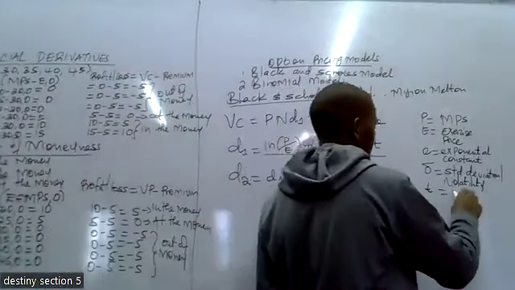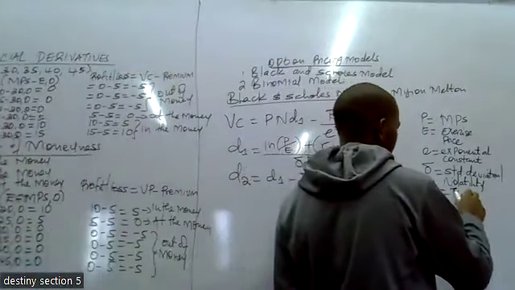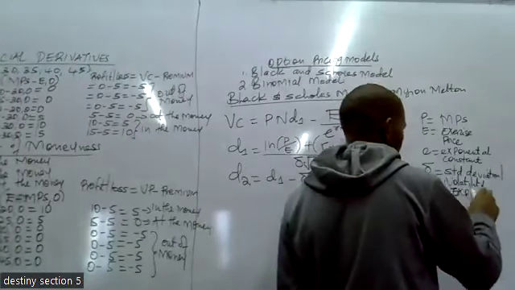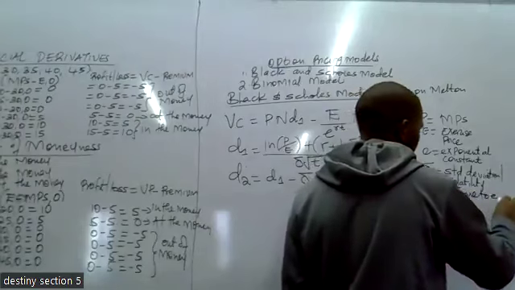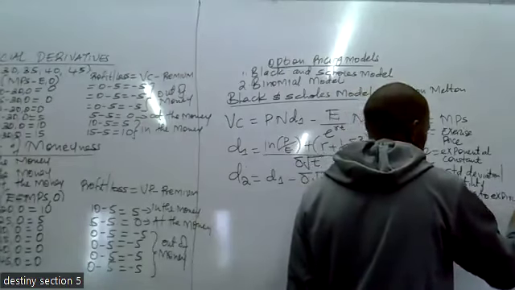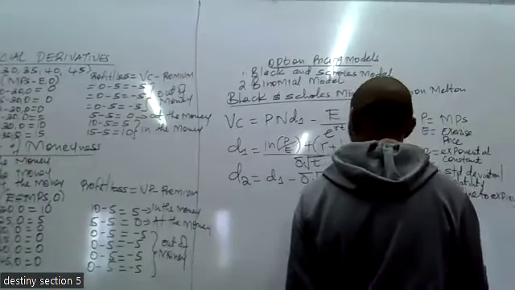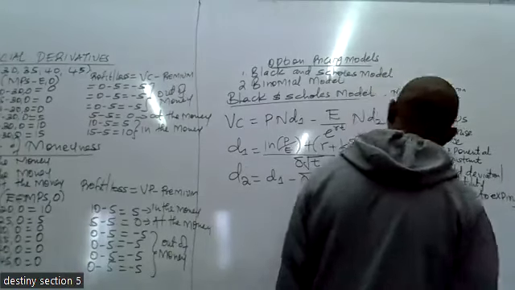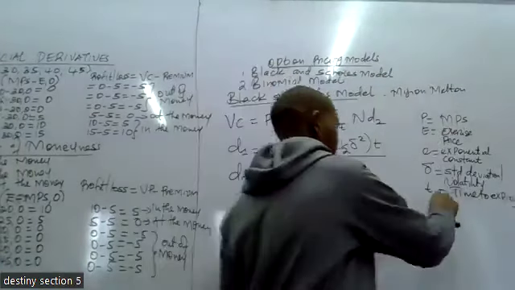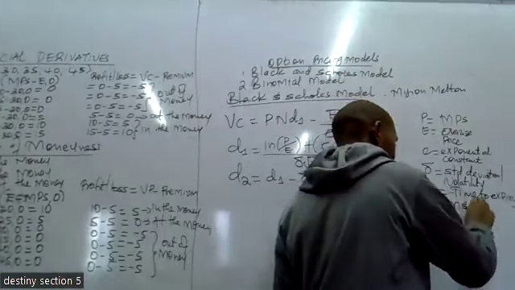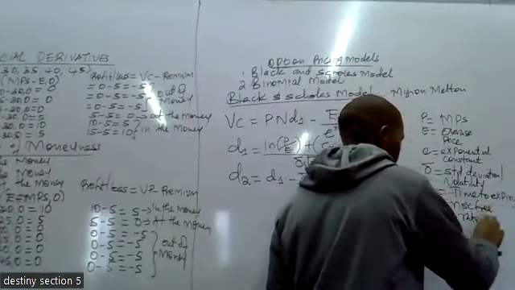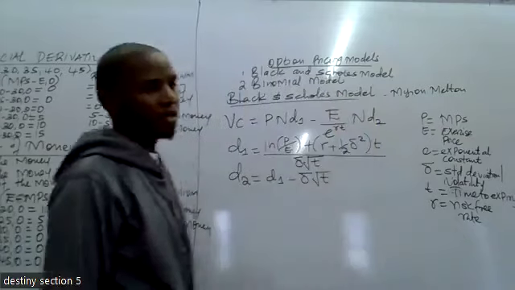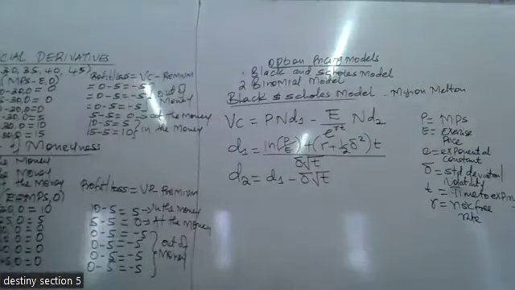T is the time to expiry. And R is the risk premium.